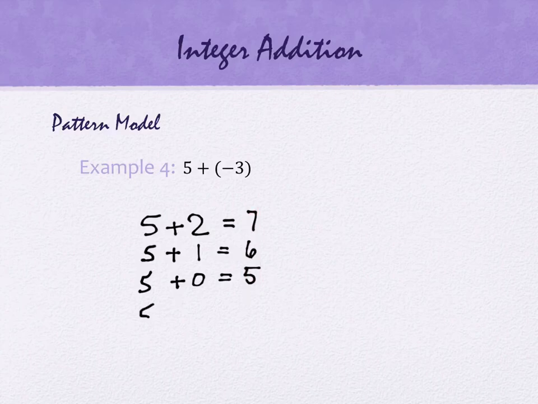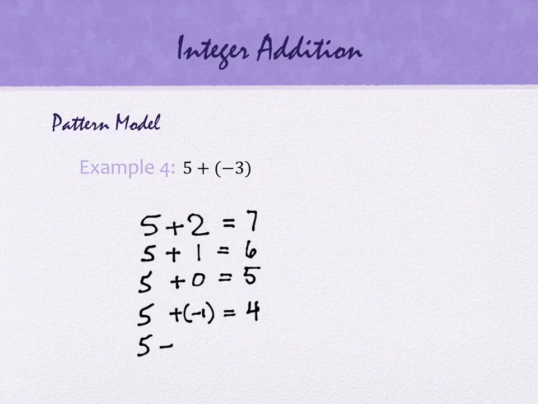The 5 will stay the same every time we do it. So I take the number 0 and I go back 1 and I have the number -1. Well, the pattern suggests that the next thing that happens from 5 is that I go down to 4. So I'm not really taking 5 plus -1 and doing the addition. I'm actually looking at the pattern to establish that it should be a 4. Okay, so we've got a 4 here.